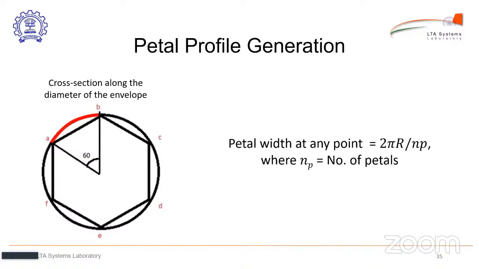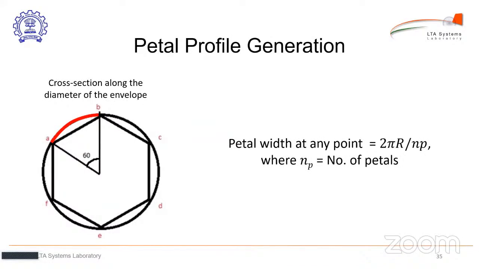At any point, if the radius of the envelope is capital R, then the circumference is 2 pi R. If you divide this 2 pi R by the number of petals, NP, you will get the width of the petal at any point.